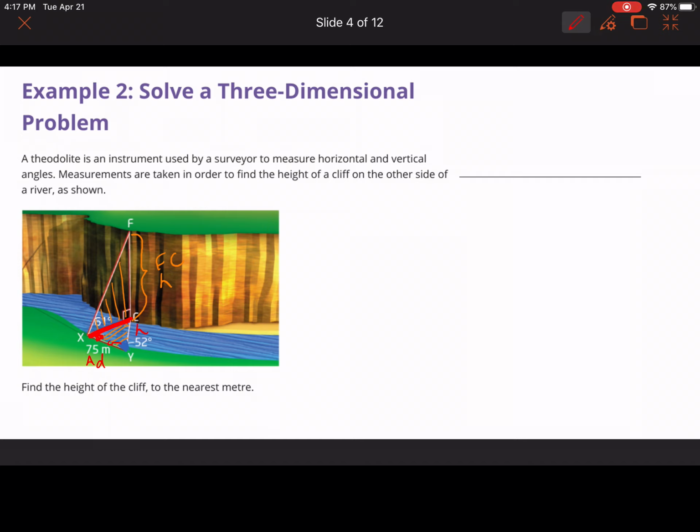So again, we are working in tangents. Funny about these examples, they are all tans. Looking at our SOHCAHTOA, we have an adjacent, we want to find an opposite, so we know we have to use tan.